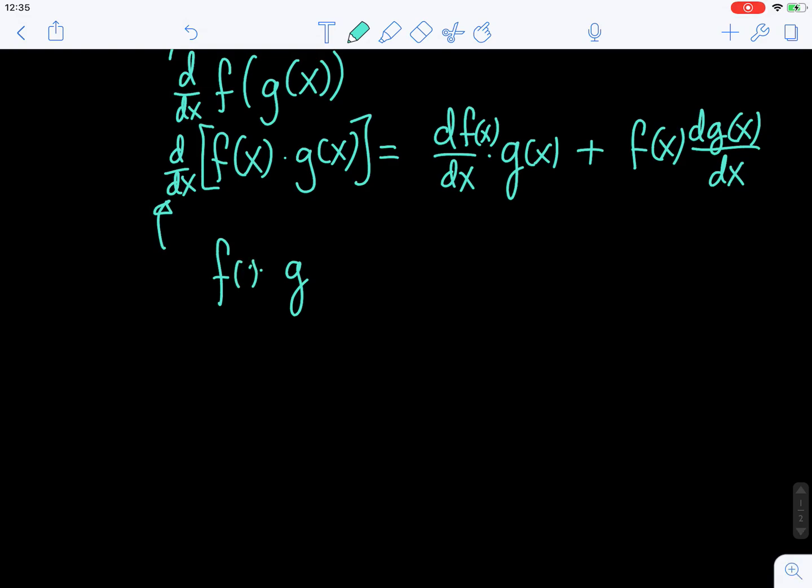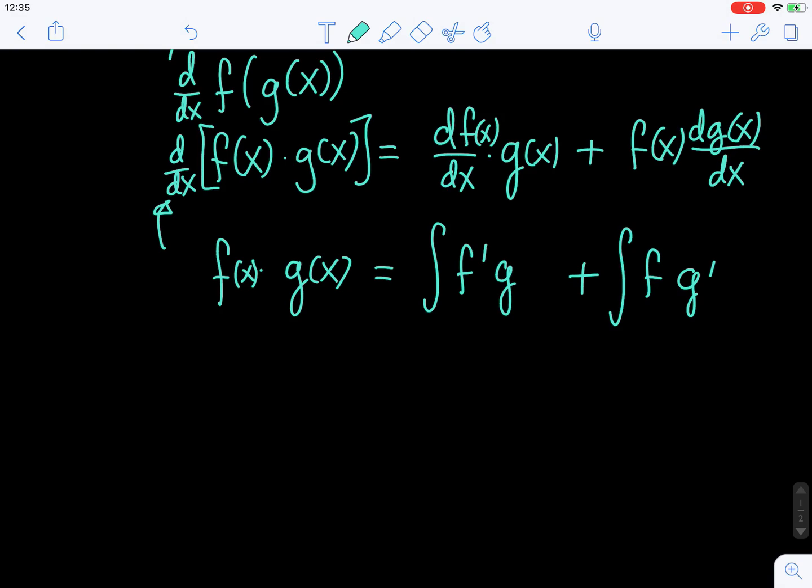The x's go in here, but if we're too lazy to write it, just understand it. So f times g is equal to the integral, because the integral over addition is linear, of f prime g plus f g prime.